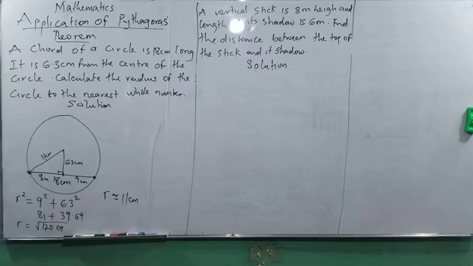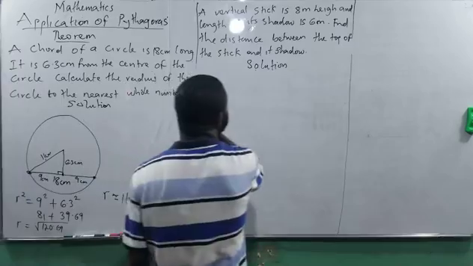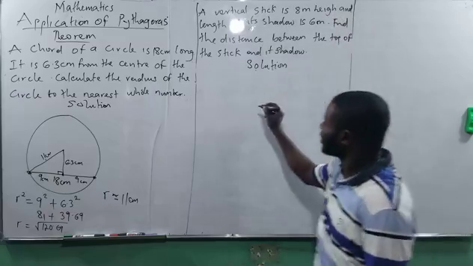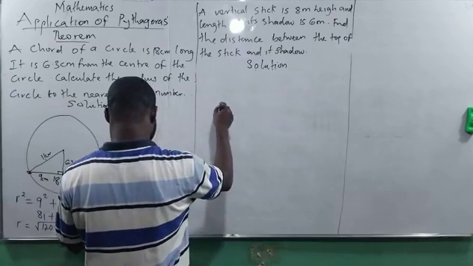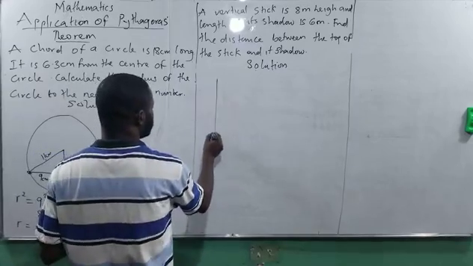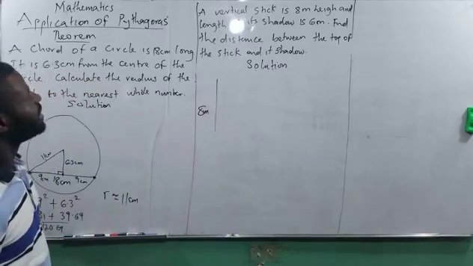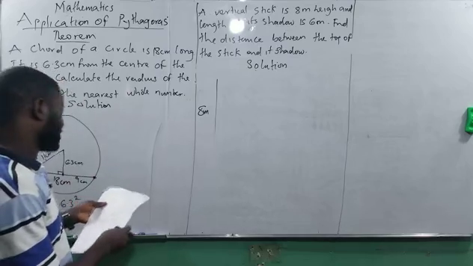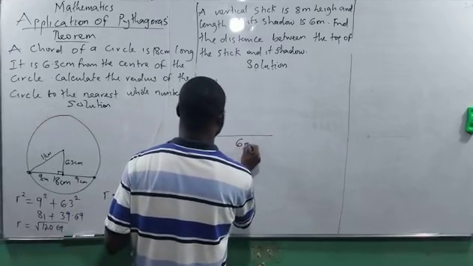Now, can you see how a circle can be a problem? Look at this: a vertical stick is 8 meters in height, and the length of its shadow is 6 meters.